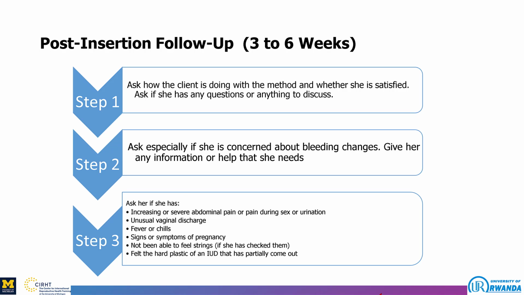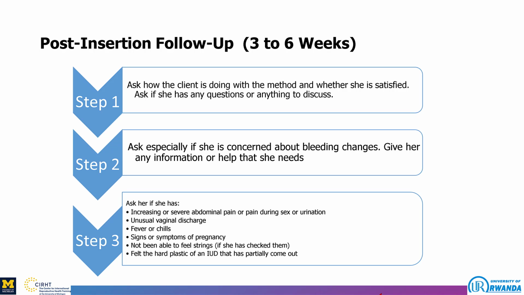Not being able to feel the strings: if she has checked them and she says she's not feeling the strings, you may check yourself and be sure if the strings are still intact. She may have felt the hard plastic of an IUD that has partially come out. Sometimes the woman may also say that she's feeling the strings at the lower uterine segment.